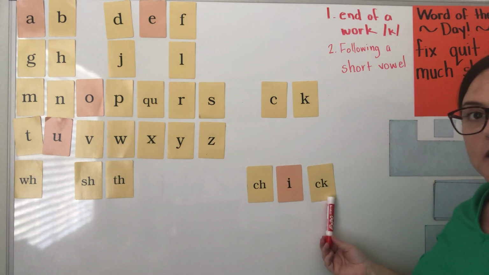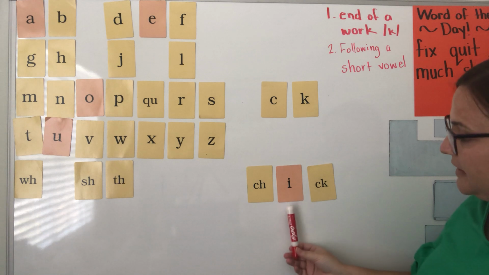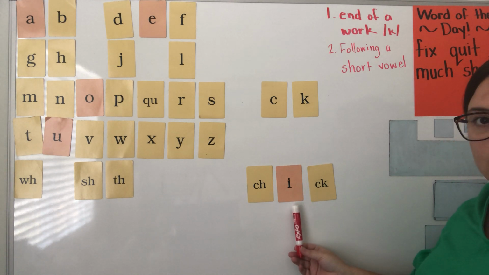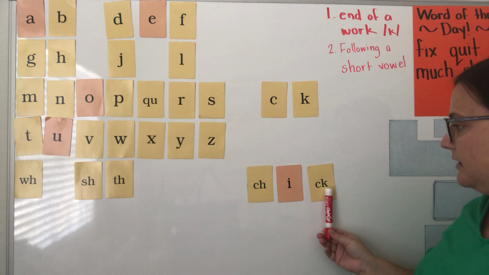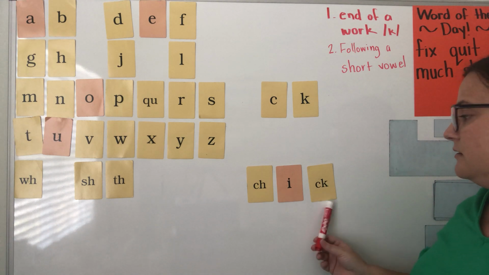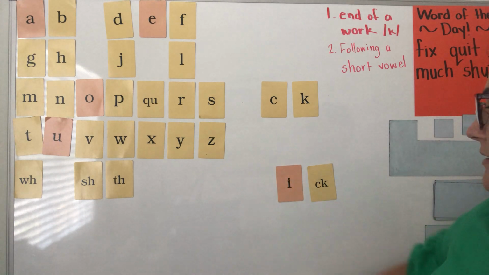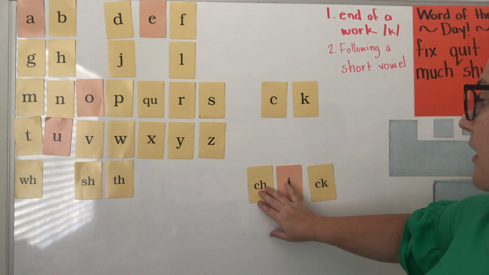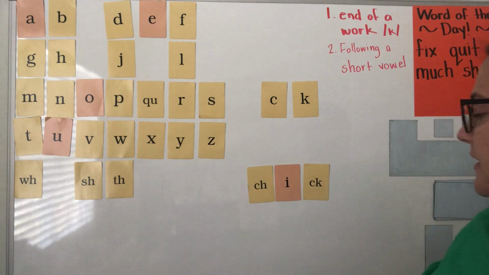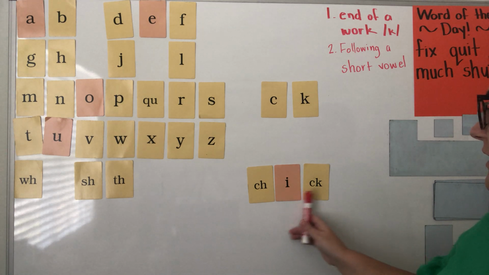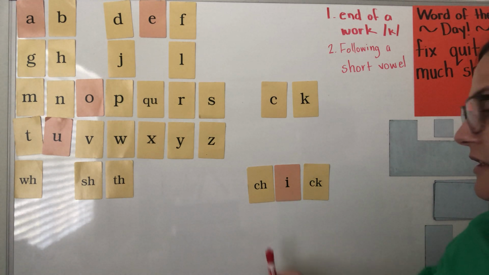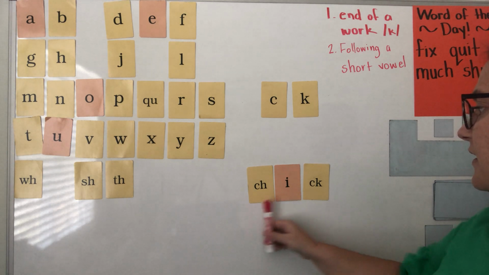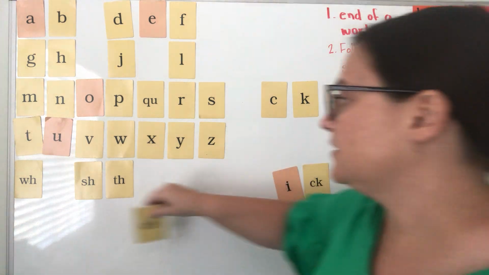At the end of the word, I hear k, and it's immediately following the short vowel I. Ick. So I need to put CK there. In fact, that's a word too. Ick. That means gross. All right, so chick. Ready? Let's tap it. Chick. One more time. Chick. Very good. Clear the deck.